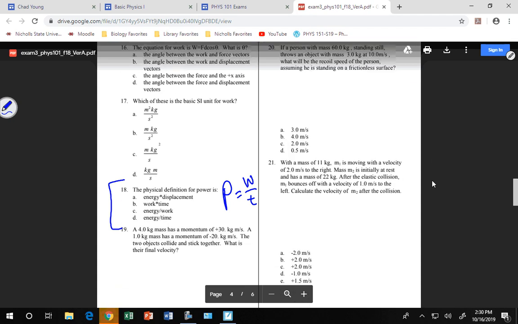So we don't have any calculations with power? Yeah, you could have a calculation, but I'm not that concerned about it. It would be really simple. I would just say so-and-so does 10 joules of work in 5 seconds. What is the power? And then you would say 10 joules divided by 5 seconds would be 2 watts. We're going to see power again next semester, so I'm not really that concerned about it.